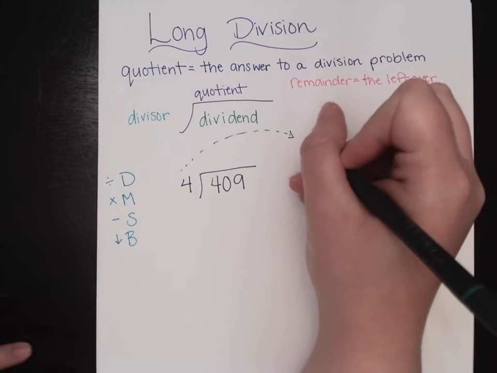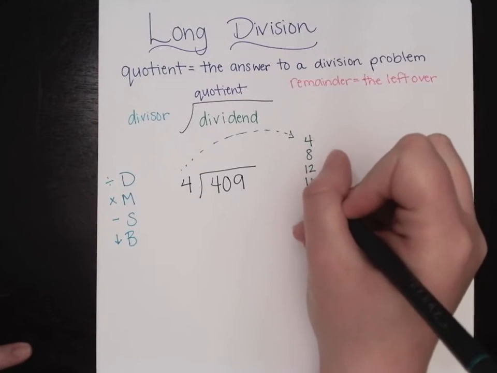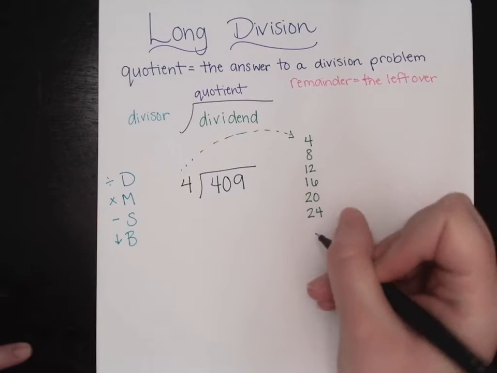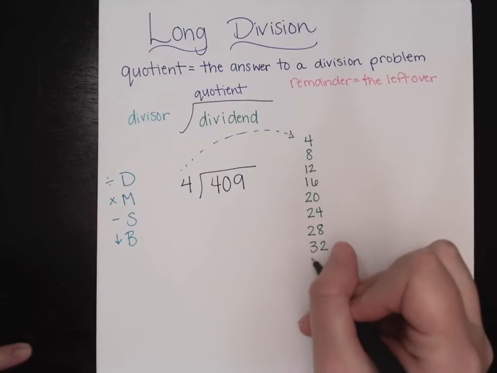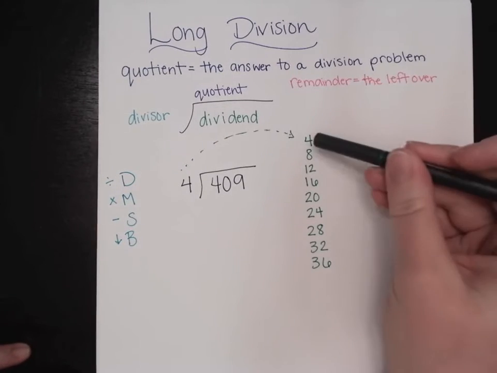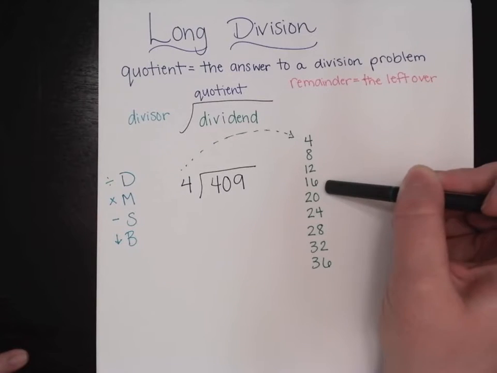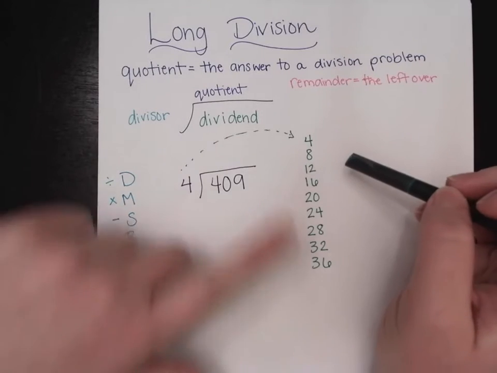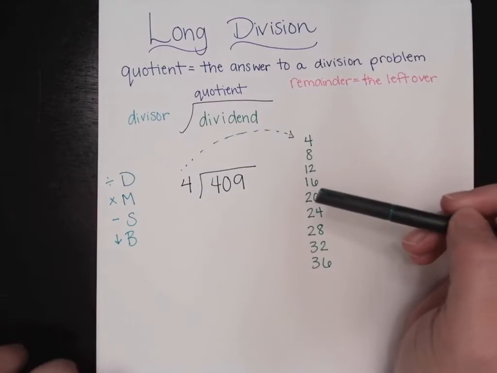So you have 4, 8, 12, 16, 20, 24, 28, 32, 36. So 4 times 1 is 4, 4 times 2 is 8, 4 times 3 is 12, 4 times 4 is 16, and so on. Don't forget, this is how many times that divisor is going to go into your dividend.